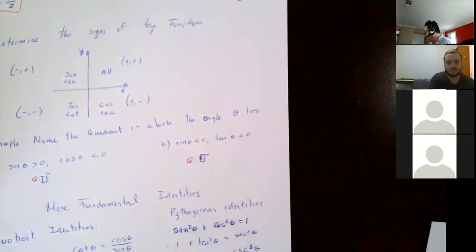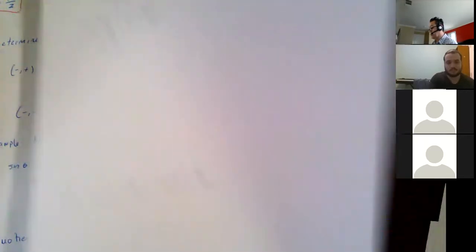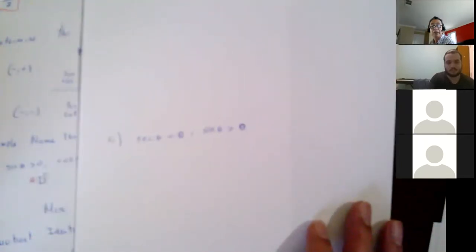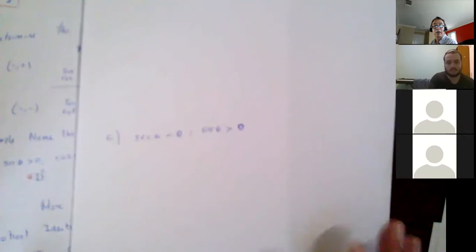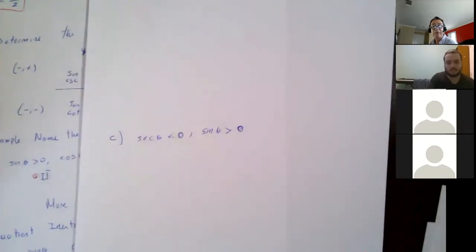Okay, so let me see. I might have an extra. Let's try this one together here. Let's find the quadrant where secant of theta is less than 0 and sine of theta is greater than 0.